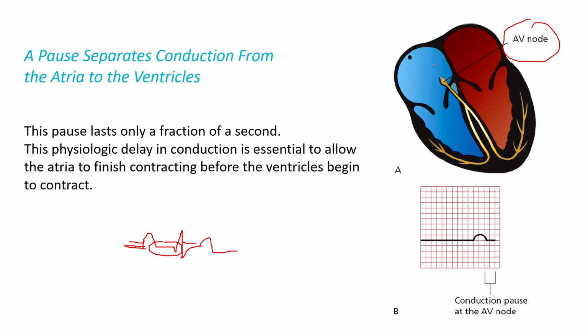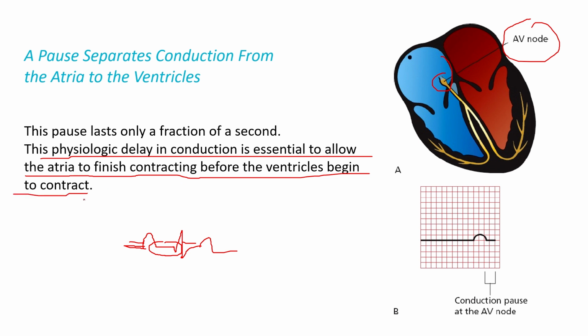Do you remember? I said between the atrium and the ventricle, between the SA node and the bundle of His, we have the AV node that delays the conduction. The main idea is it's a physiological delay in conduction that's essential to allow the atria to finish contracting before the ventricles begin to contract.